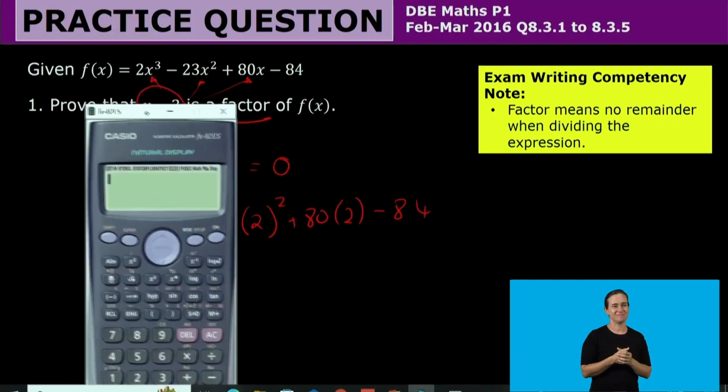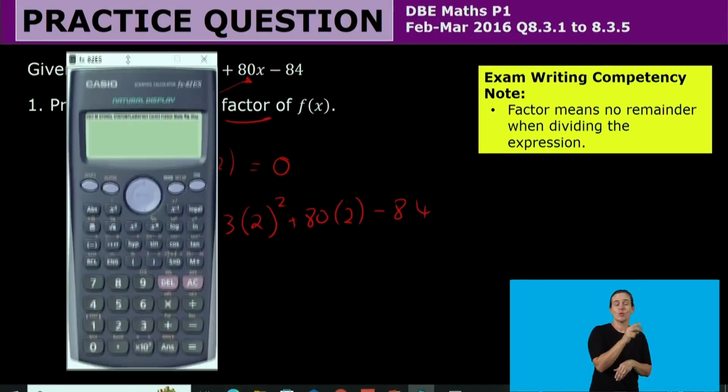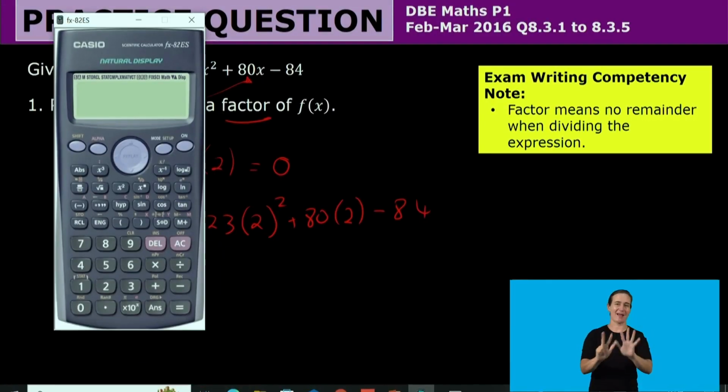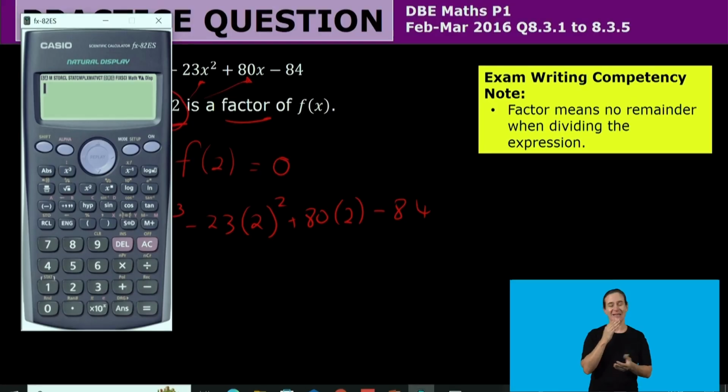So our first term, you'll see, is 2 times 8, and I simply put in 8. So our first term here is going to be 16 minus 23 times 4 plus 160 minus 84. And that gives us the answer that we were after.